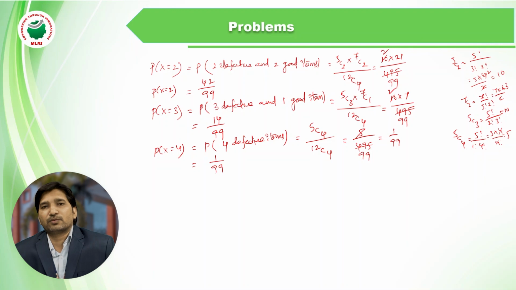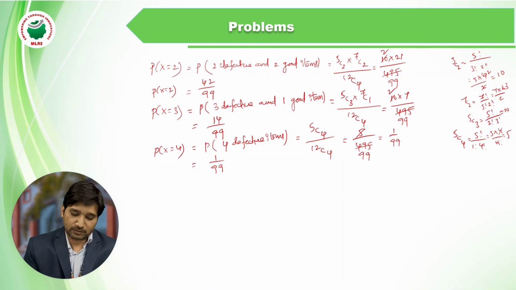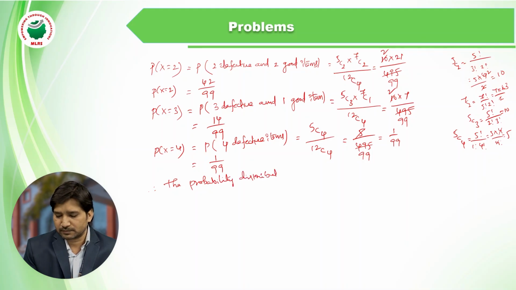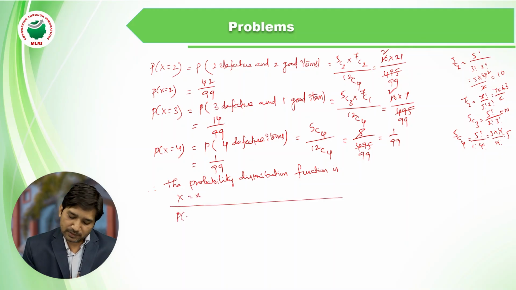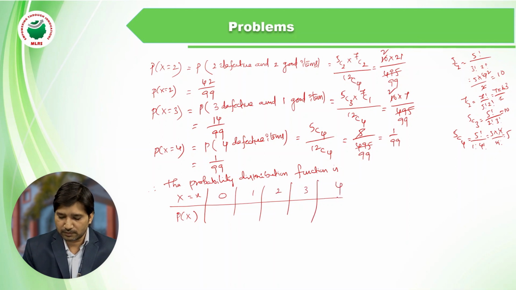So we can find the probability distribution function. Therefore, the probability distribution function is: capital X equal to small x, and P of X equal to, first one is 0, 1, 2, 3, 4.